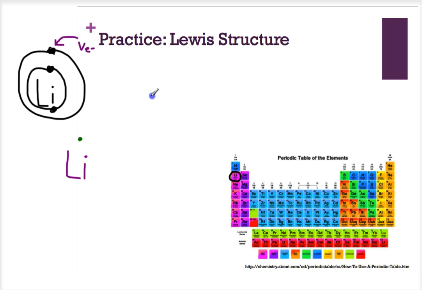Now let's look at beryllium. Beryllium is in group 2, so it has 2 valence electrons. So I'm going to go ahead and put my first valence electron here. I'm going to put my next valence electron here. Then I'm going to go over to boron. And boron is in group 13, and elements in group 13 have 3 valence electrons.